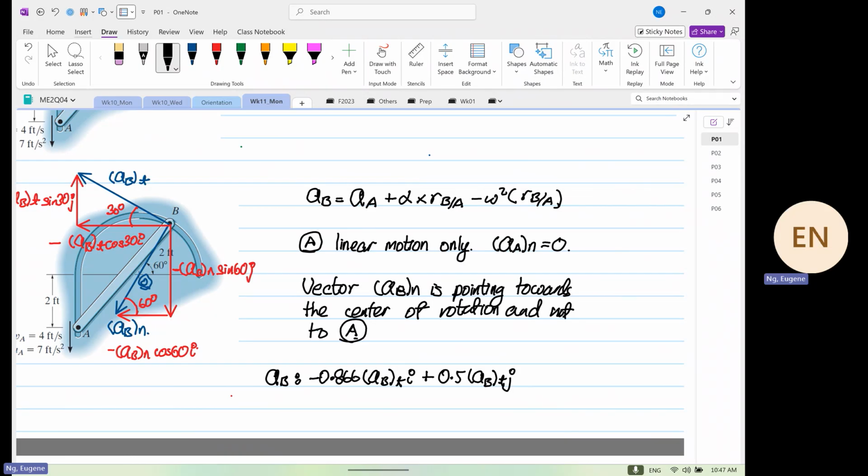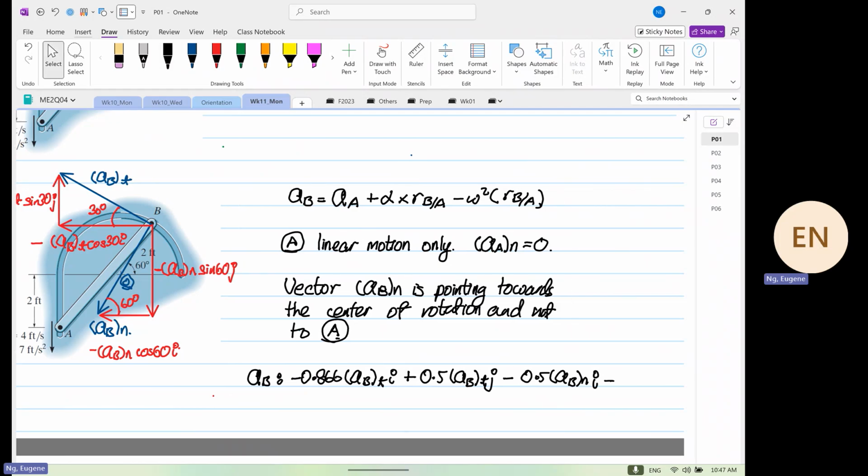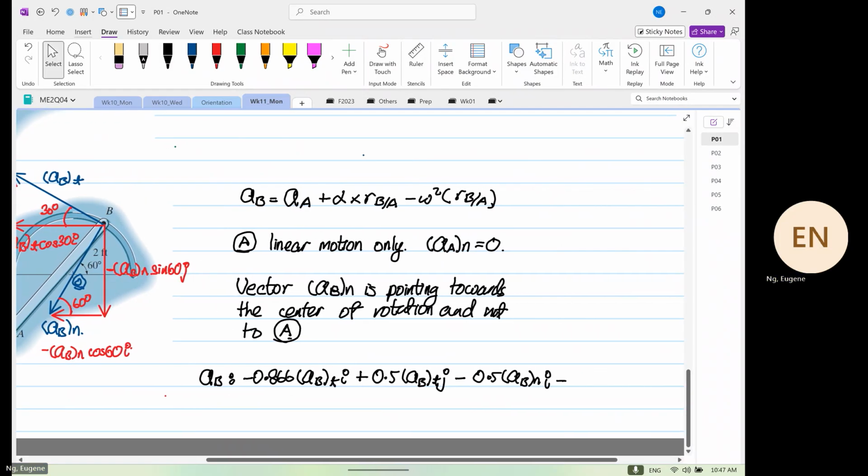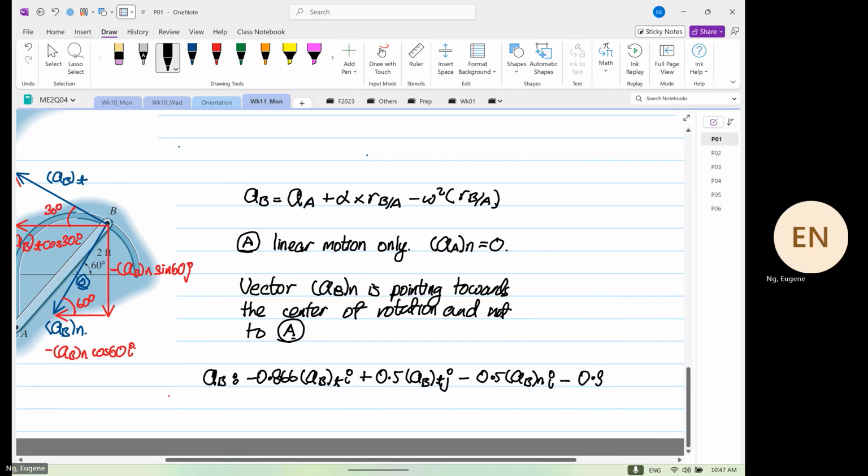And then you have minus 0.5 ABN in the i direction, and then minus 0.866 ABN in the j direction.